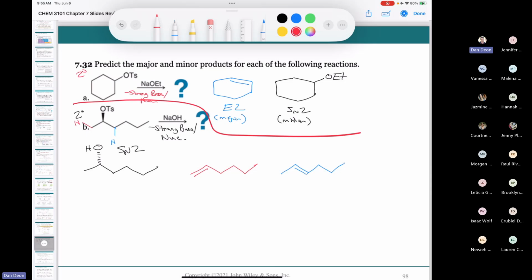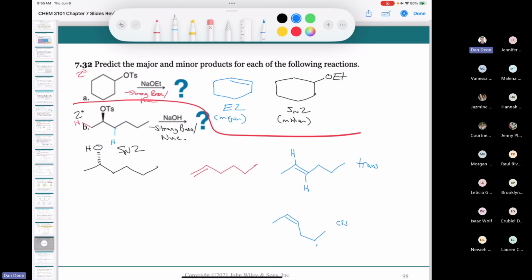So it's going to be the stereoisomer of the blue compound. The compound in blue is a trans compound, but I could also draw the cis form like this, or I could draw it like this too. Either one is fine. So this is going to be the trans compound, and this one is going to be the cis compound.